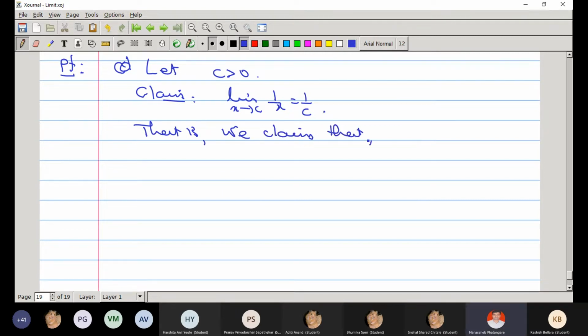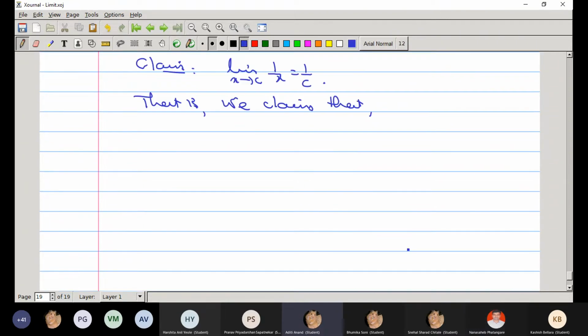So what is our ultimate claim? That for given epsilon greater than 0, there exists delta greater than 0 such that if |x minus c| is less than delta, then |f(x) minus L| is less than epsilon. Very good.